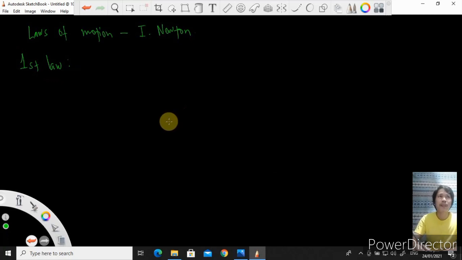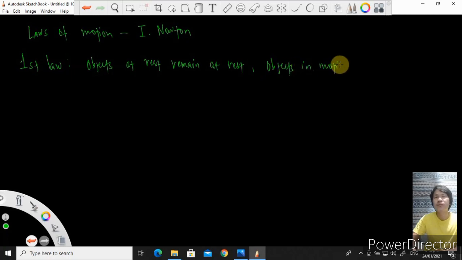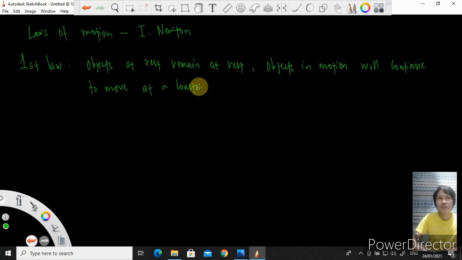So, sabi dun sa first law, objects at rest remain at rest, while objects in motion will continue to move at a constant velocity along a straight line.